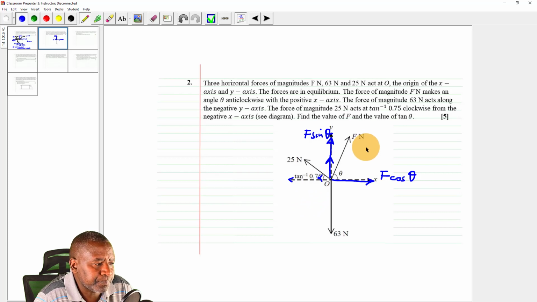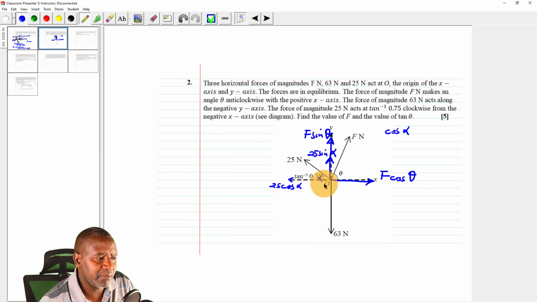Then I'm going to have this one to be 25 cos alpha, while this one will be 25 sine alpha. So if I can get alpha, I can solve that question very easily.